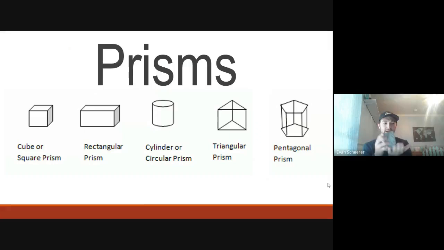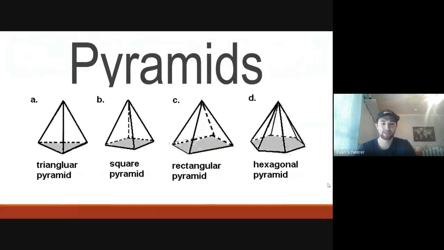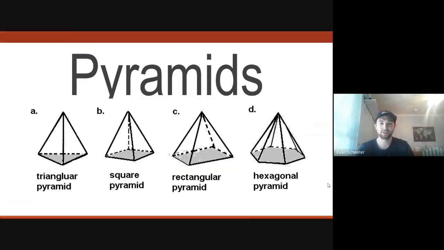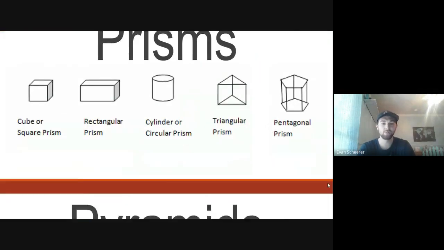It has a top and a bottom that's the exact same. Whereas pyramids go to a point. Notice they have that bottom that does not match with the top. A pyramid is always a bottom that goes to a point. Notice in the prisms, none of them go to a point.